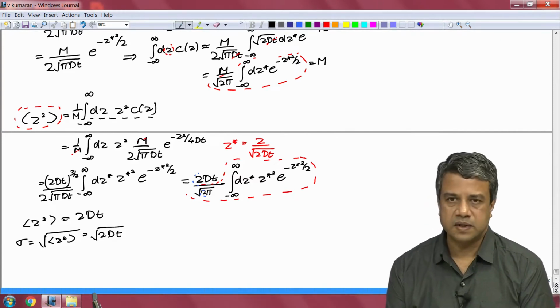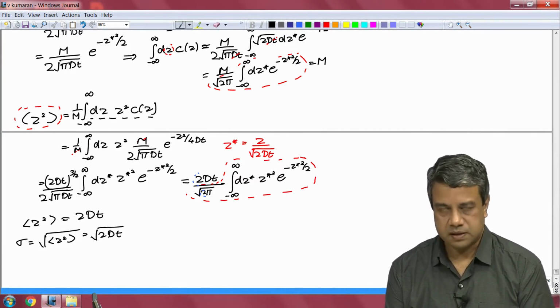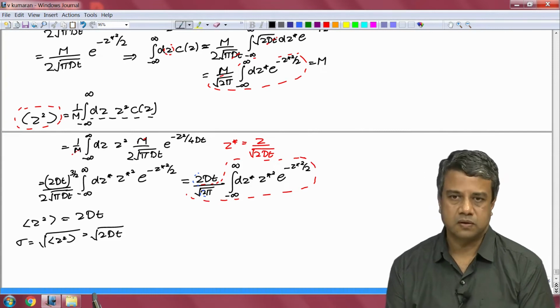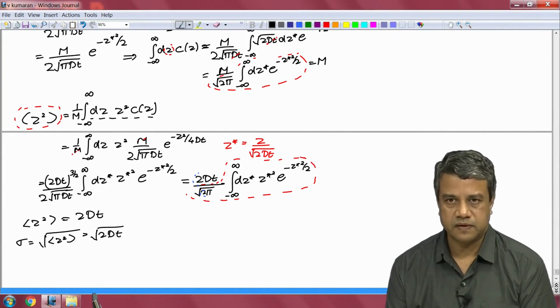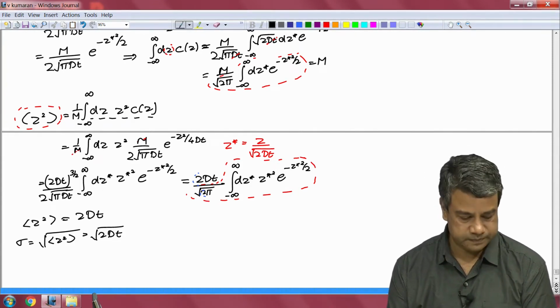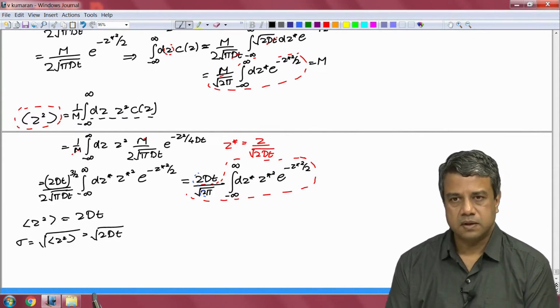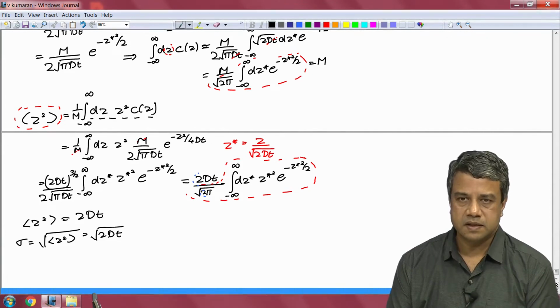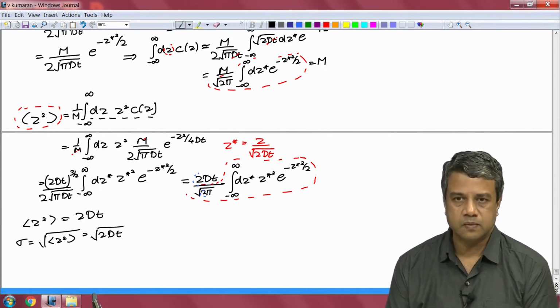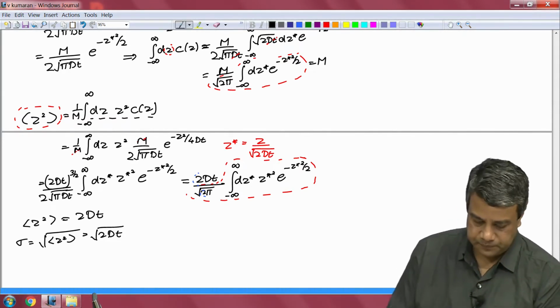Therefore, the extent to which this spreads increases proportional to square root of t in this particular case. So, this variance of the Gaussian function is a way to measure how much the material has spread.